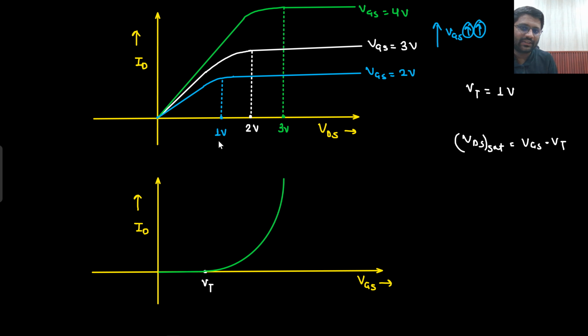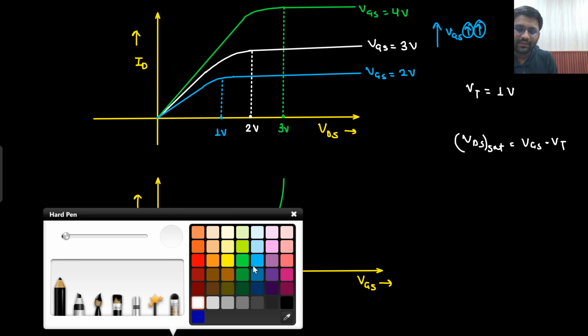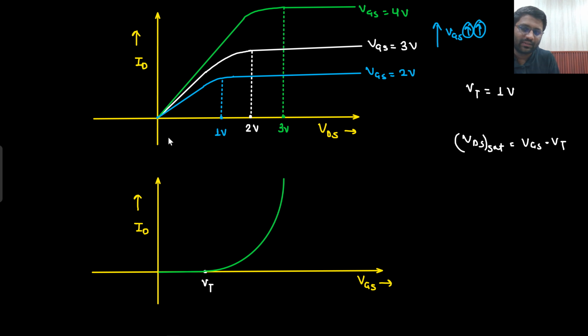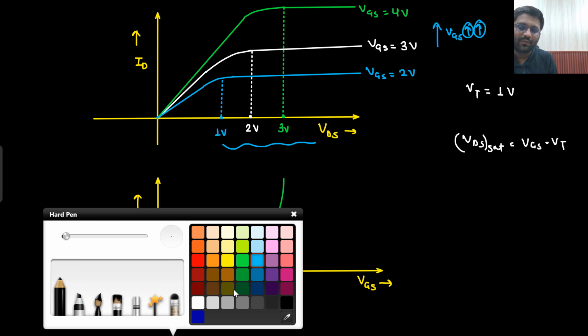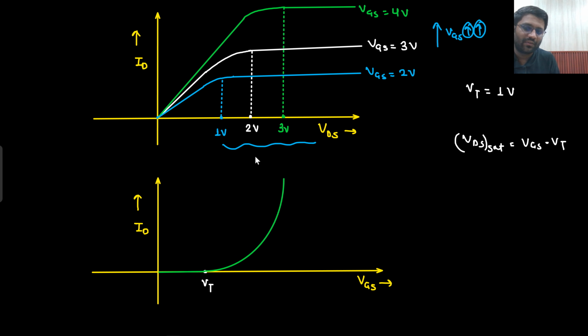Here you know, sir, which region is that? For this curve, this much region is something else, but this much region is saturation, right? And for the other curve, the white curve, this much region is saturation, and for the green curve, this much region is saturation. Is that understandable to you?